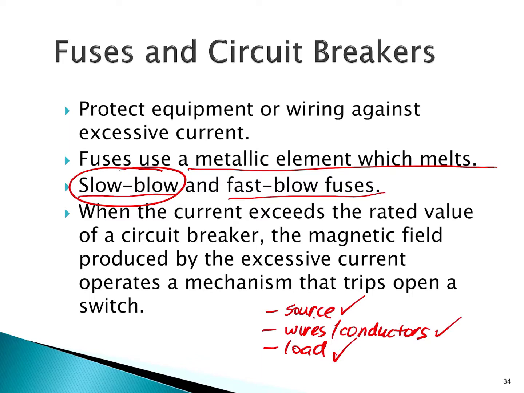And then fast blow is just as soon as it sees the current in excess of its rating, it'll trip or it'll blow. So when current exceeds the rated value on a circuit breaker, the magnetic field produced by the excessive current operates a mechanism that trips open the switch. So that's what we have when we have a circuit breaker. Now a circuit breaker can be reset once the fault condition is removed.